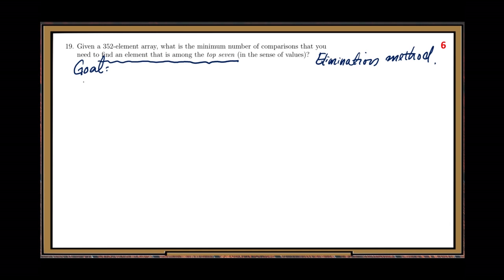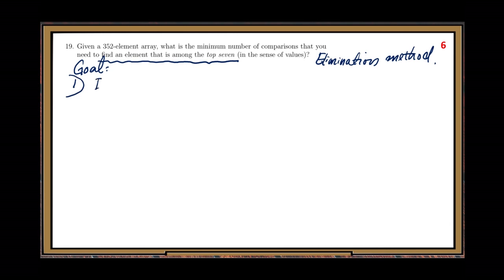Let me use a few steps to understand our goal. The first step is the straightforward interpretation.